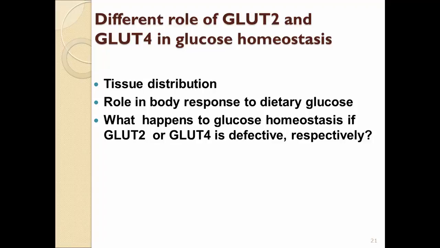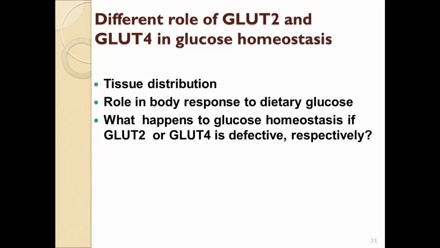And then stimulate insulin release, right? So the role of GLUT2 in the beta cell is to metabolize glucose, and then it triggers a signaling pathway in the beta cells and promotes insulin release.